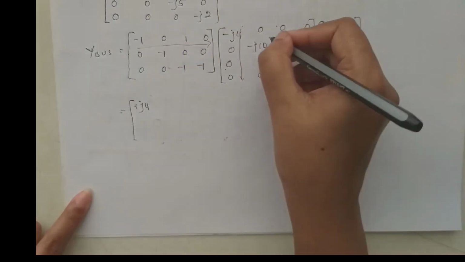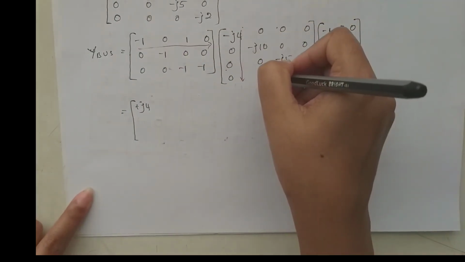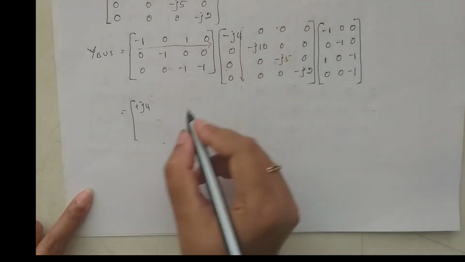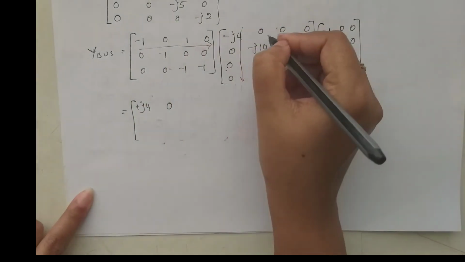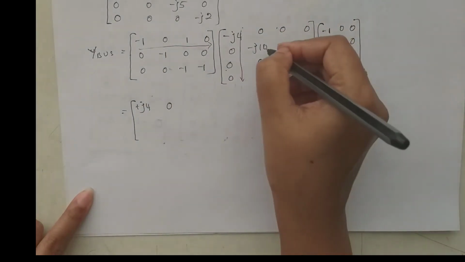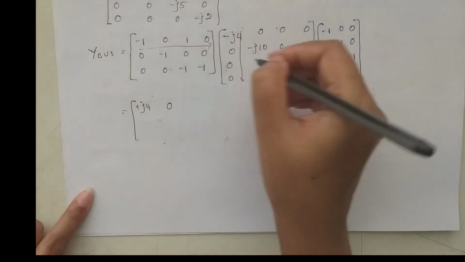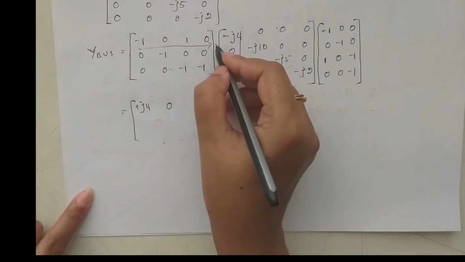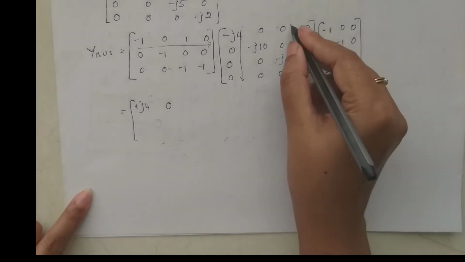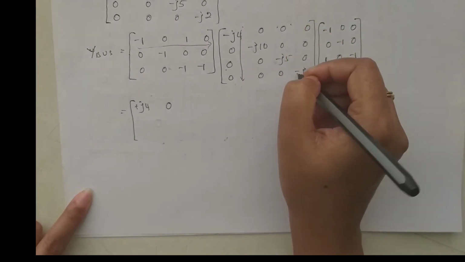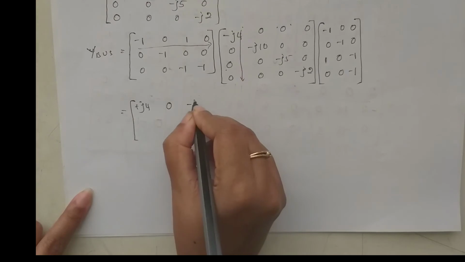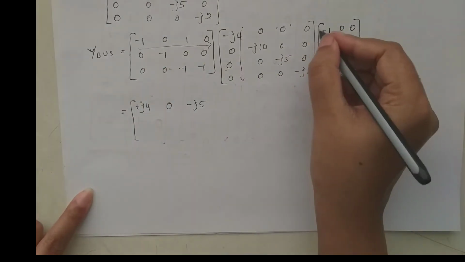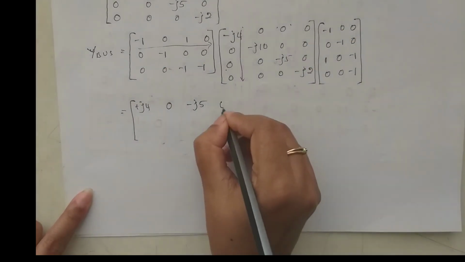Next, first row and second column, we get 0. First row with the third column it would be minus j5. First row with the fourth column it is 0.